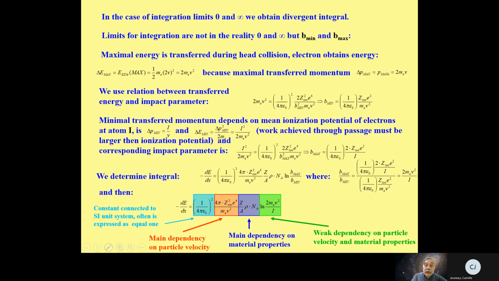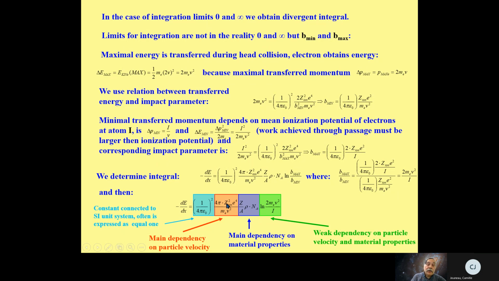And this is an inverse dependency on the square of velocity. These are very important because they tell you that with increasing velocity, ionization losses decrease very quickly. On the opposite, if you start to decrease velocity, these ionization losses will very quickly increase. And there is also a very big dependency on the charge of the particle.